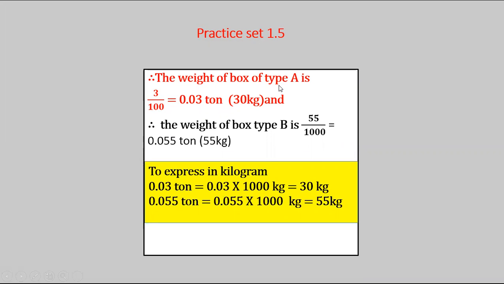The weight of box type A is 3 upon 100 or 0.03 ton or 30 kilogram. And to convert 0.055 ton into kilogram, multiply by 1000. 0.055 multiplied by 1000 kilogram is equal to 55 kilogram. Hence the weight of box type B is 55 upon 1000 or 0.055 ton or 55 kilogram.